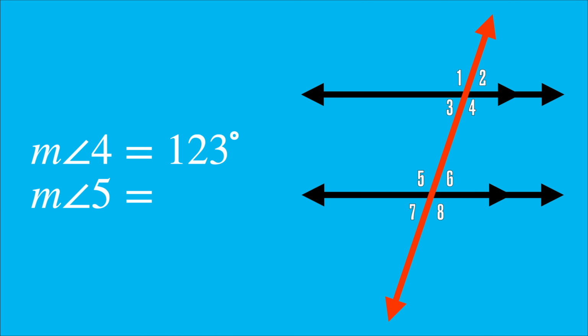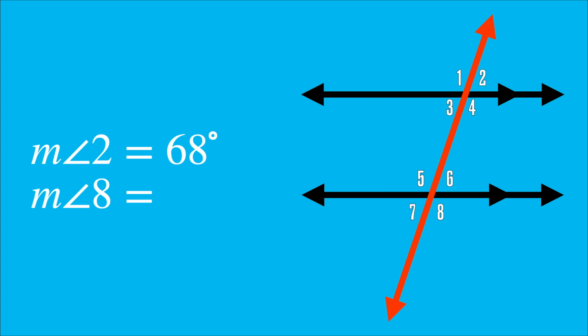So now let's try this. The measure of angle 4 is 123 degrees. We are asking about the measure of angle 5. Well, those are alternate interior angles, which are congruent. So, 123 degrees. All right, let's try this next one.